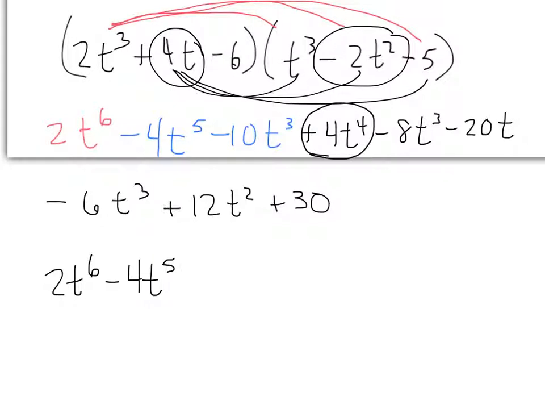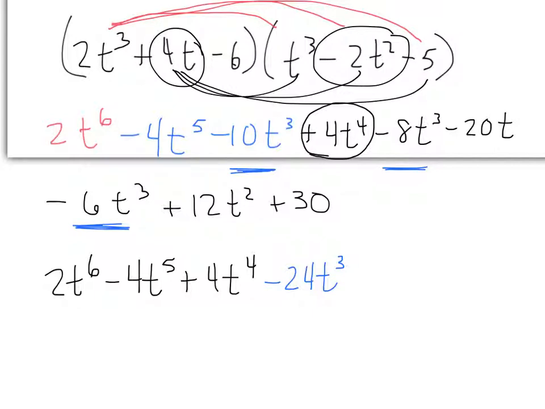T to the 3rd, yes. Yeah, absolutely. What do you got for t to the 3rd, Charles? Negative 16. Yes, negative 10, good. Negative 8 is negative 18. And then where's the other part? And there's a negative 6 there. So negative 24 t to the third.